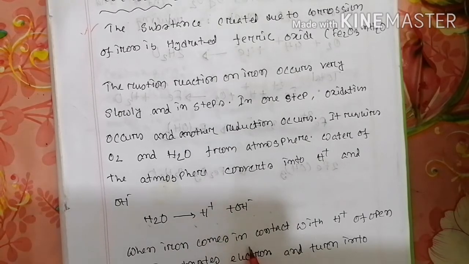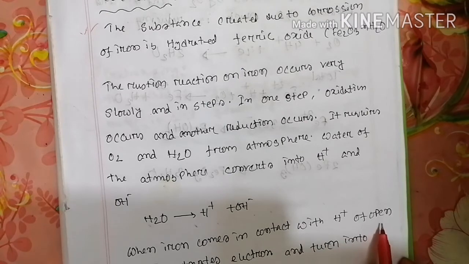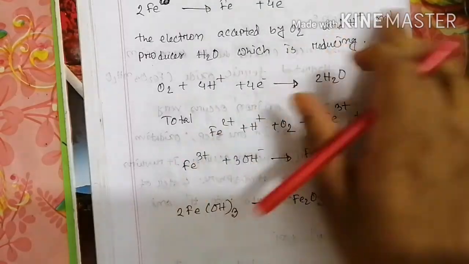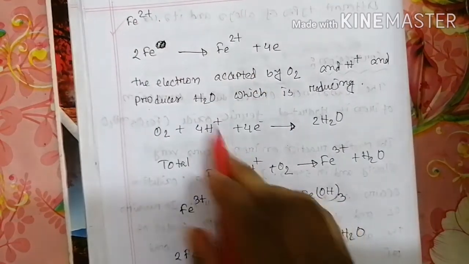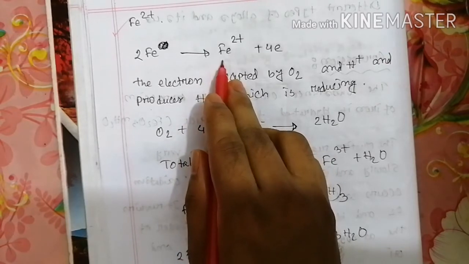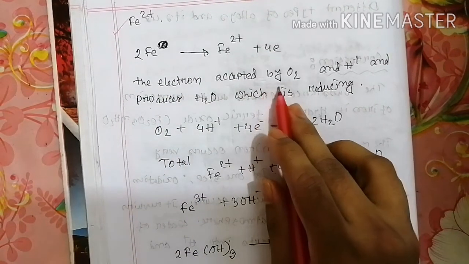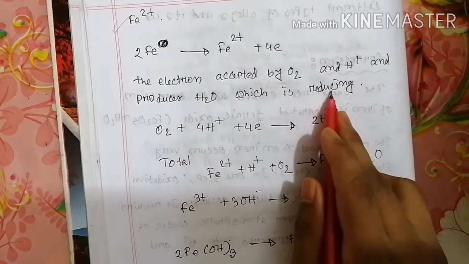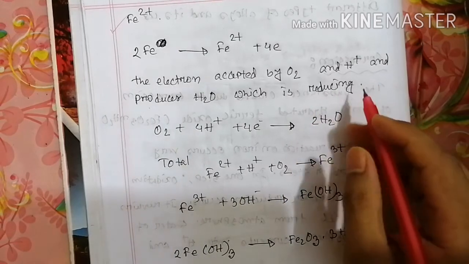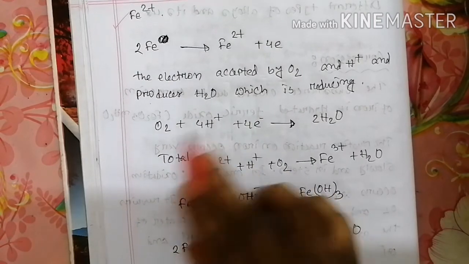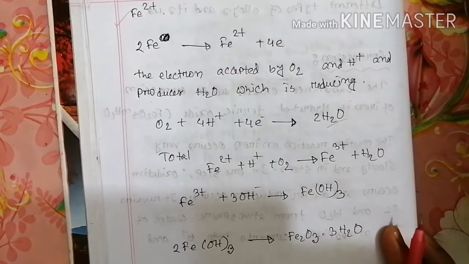When iron comes in contact with H plus of open air, it donates electrons and turns into ferrous ion. That means iron donates electrons and produces Fe2+ ion. The electrons are accepted by oxygen and H plus ion, producing H2O, which is called a reduction reaction: O2 plus 4H+ plus 4 electrons produces 2H2O.